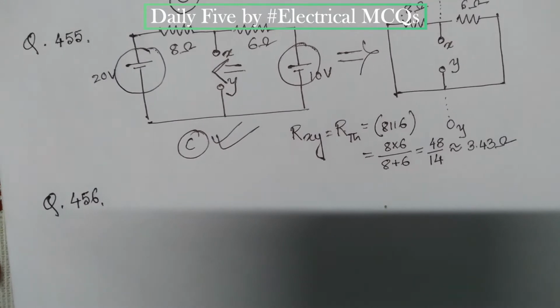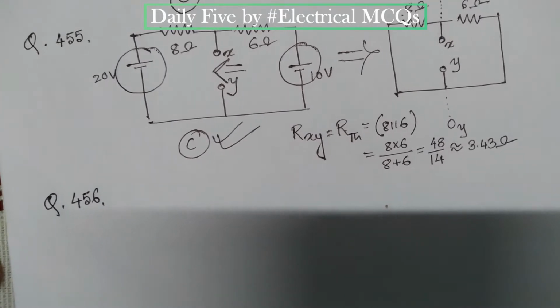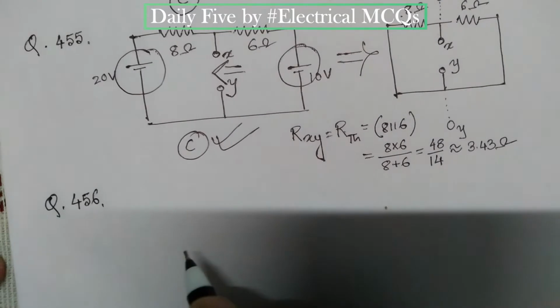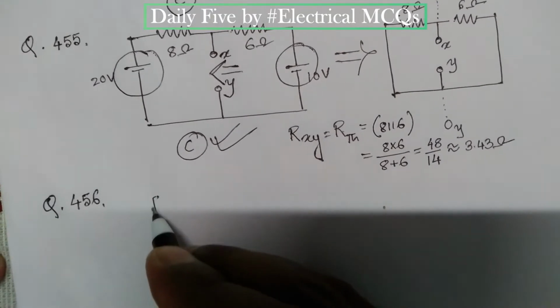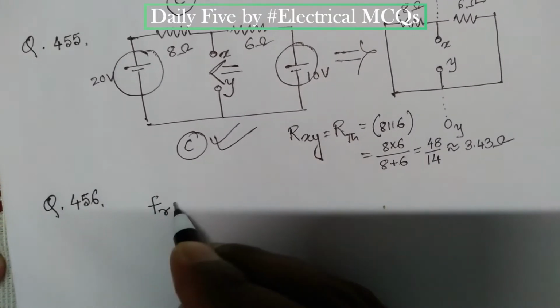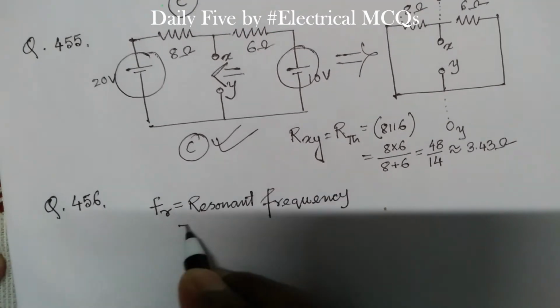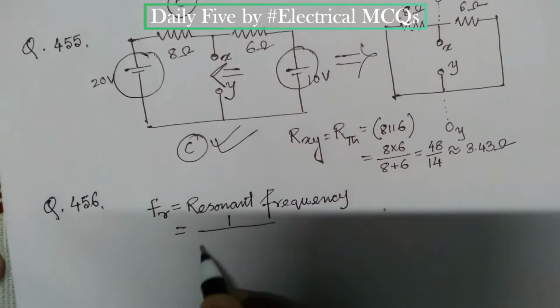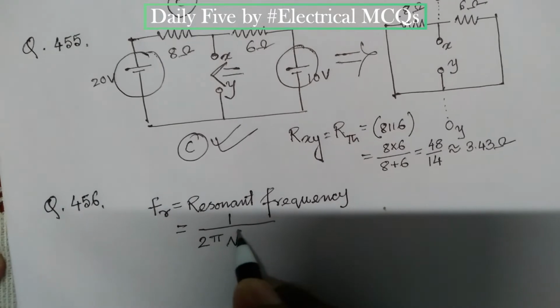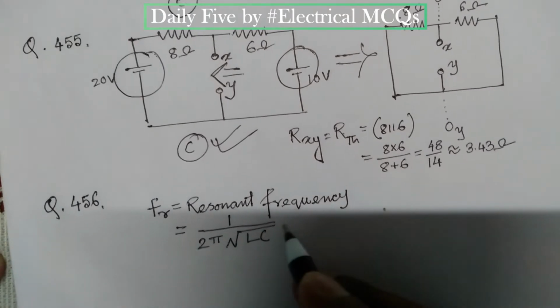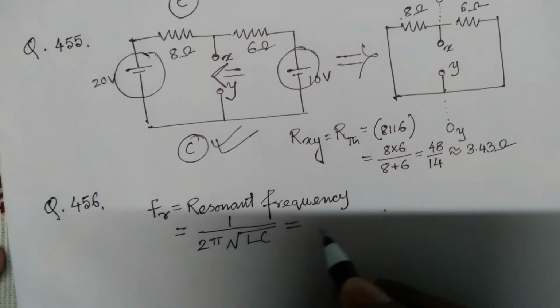And we know that the formula for RLC series resonance is given by F(R), that is your resonant frequency, equal to 1 by 2 pi root over LC. So the value of resistance is not required here.